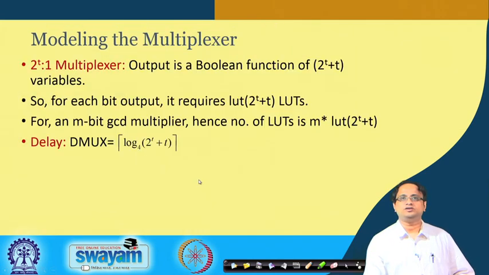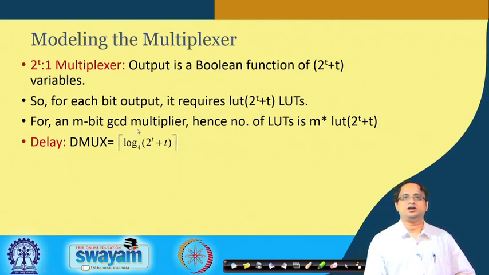Once you have these tools, you can model the multiplexer. Remember that a multiplexer is a 2 to the power of t to 1 multiplexer, which means there are t select lines and 2 to the power of t inputs. Therefore the multiplexer is a Boolean function of 2 to the power of t plus t variables. So if you fit into the previous expressions, the number of lookup tables can be modeled by LUT of 2 to the power of t plus t, which is the argument to the LUT function that we just mentioned.